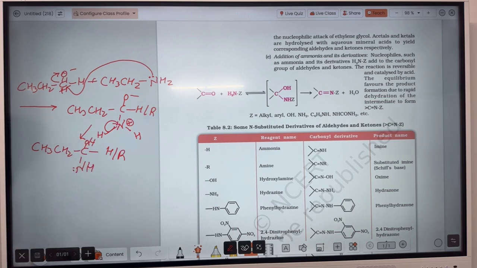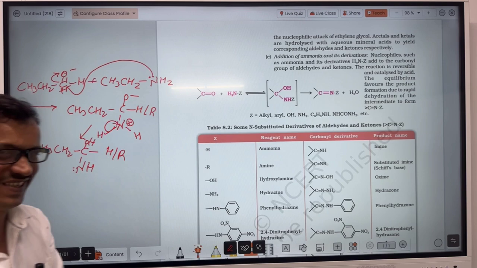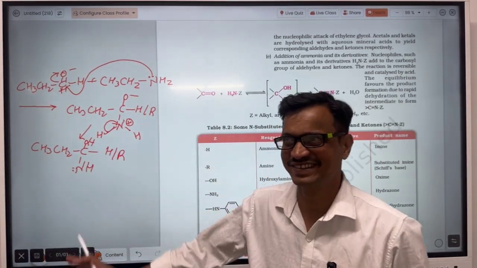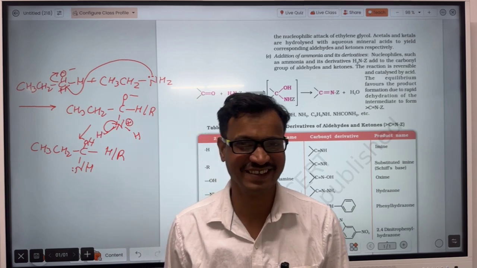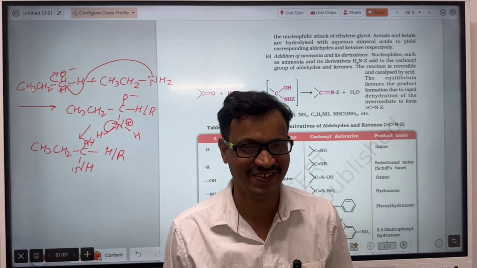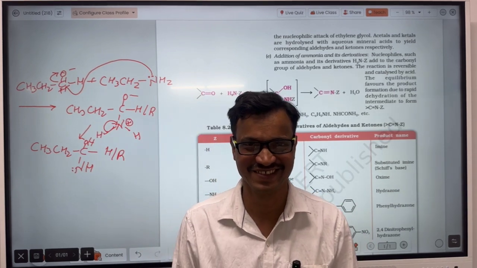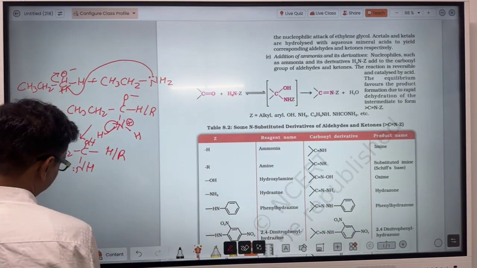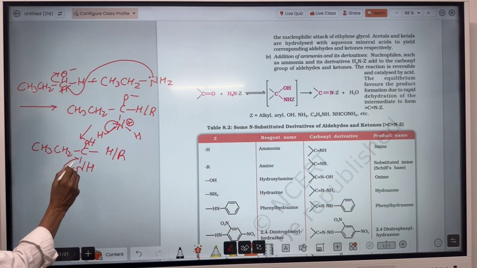Now again there is a lone pair of electrons here, but the reaction will not stop here, because the lone pair of electrons present on the nitrogen will not let the reaction stop here. So what happens? The lone pair of electrons will come here for double bond formation.